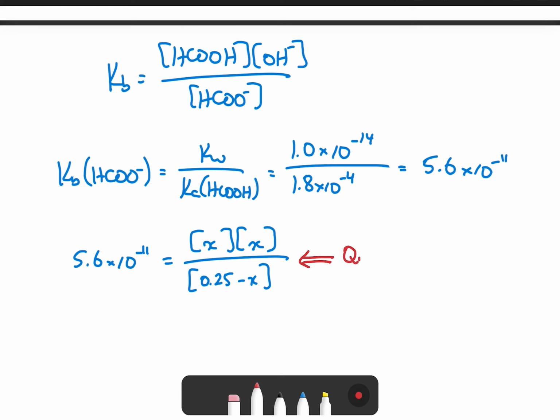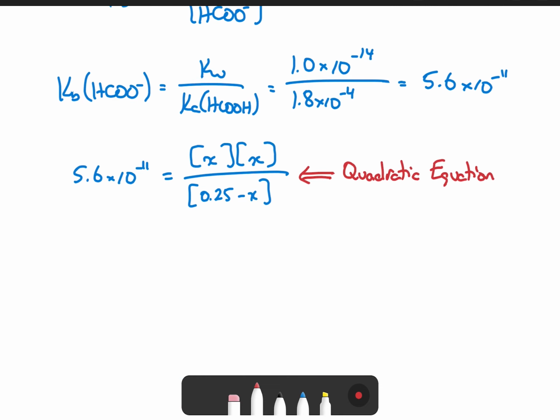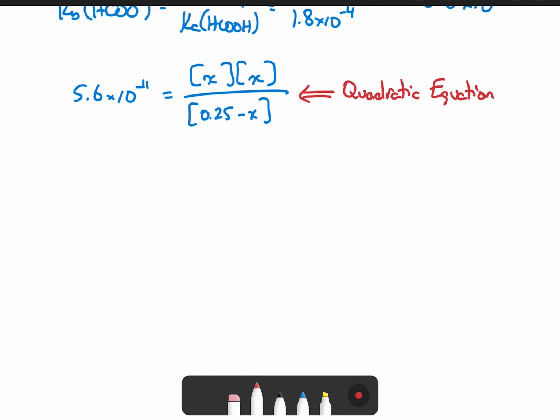In this equation here, similarly to what we saw in the previous lesson in Ka, this will yield a quadratic equation, which we are not expected to solve. Therefore, to simplify this quadratic equation, let's go back to our ice table. We are going to assume that x is very small, and therefore 0.25 minus x is approximately just equal to 0.25, considering x will be negligible.